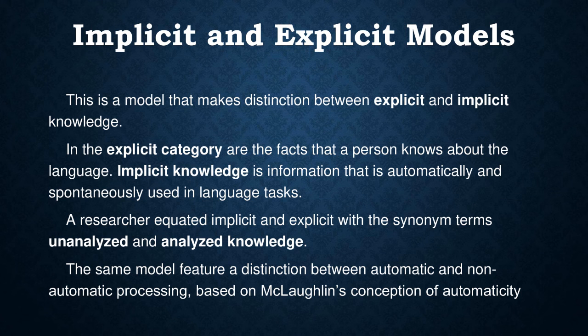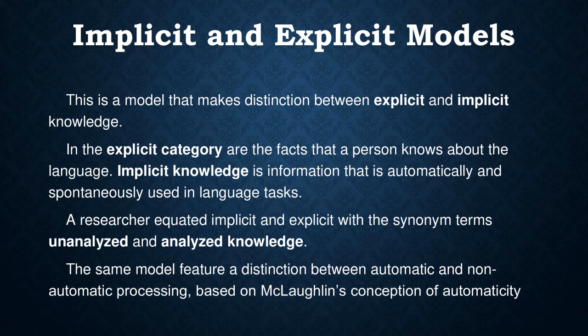Another set of controls for conceptualizing the varied processes of second language learning is found in models that make a distinction between explicit and implicit linguistic knowledge. In the explicit category are the facts that a person knows about the language, and this happens when you have studied in a formal way.